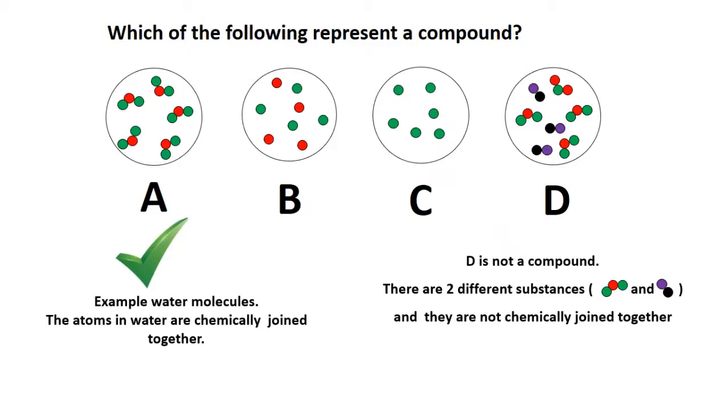Watch it carefully. Each of the substances in there is made up of 2 green dots and 1 red. Now go back to D and have a look. There are 2 different substances in there, therefore that cannot be a compound. It should be the same form of substance in one compound.